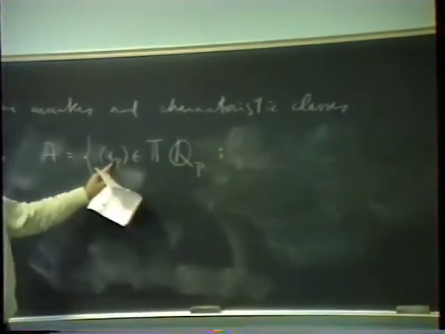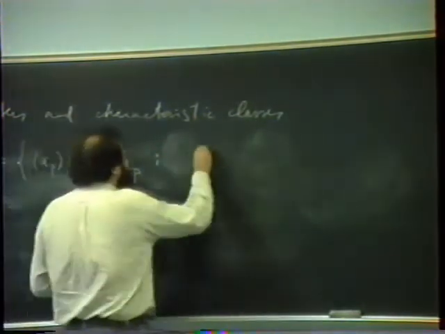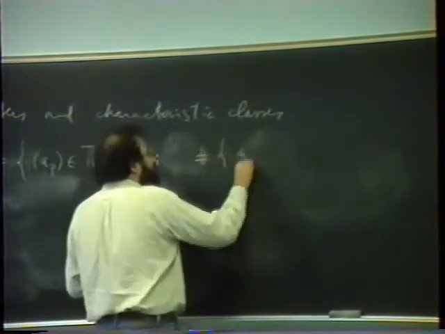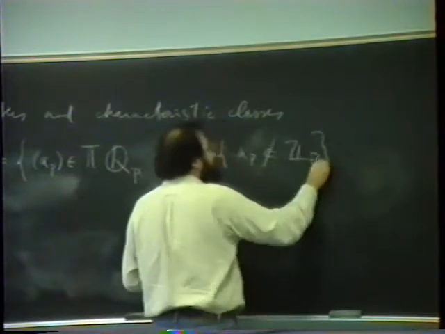So we have this bunch of functions, and we're asking that most of them be regular. In other words, the only poles that are allowed are finitely many. Let's say the number of a_p that do not belong to the p-adic integers is finite.